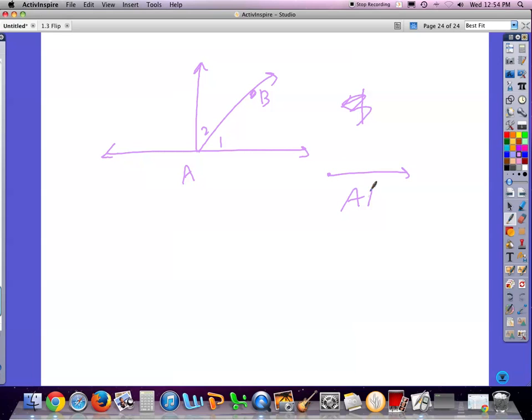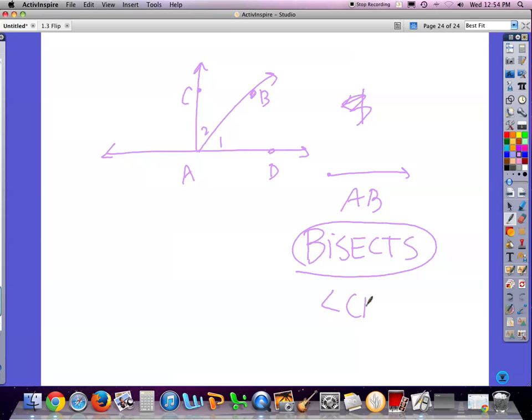Here's the big word that I want to get at: ray AB bisects angle CAD. So there's your angle, and it's been bisected by this ray AB.